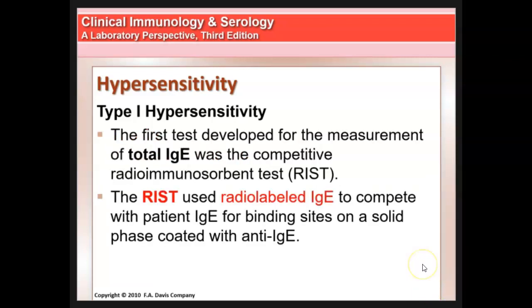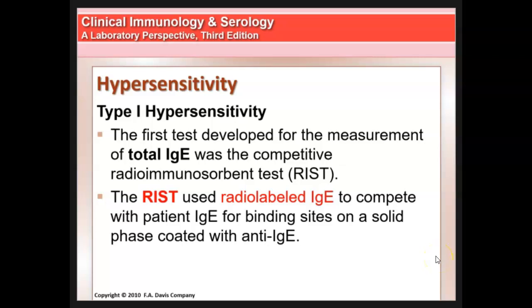All right, type 1 hypersensitivity, the first test developed was for the measurement of total IgE, which is a competitive radioimmunosorbent test. In the RIST, they used radio-labeled IgE to compete with patient IgE for binding sites on a solid phase coated with anti-IgE.